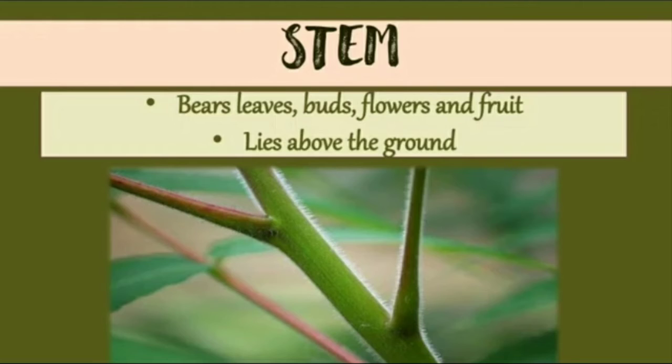The part of the stem between the two nodes is called internodes. The stems bear leaves, buds, flowers and fruit. And where does it lie? It lies above the ground.